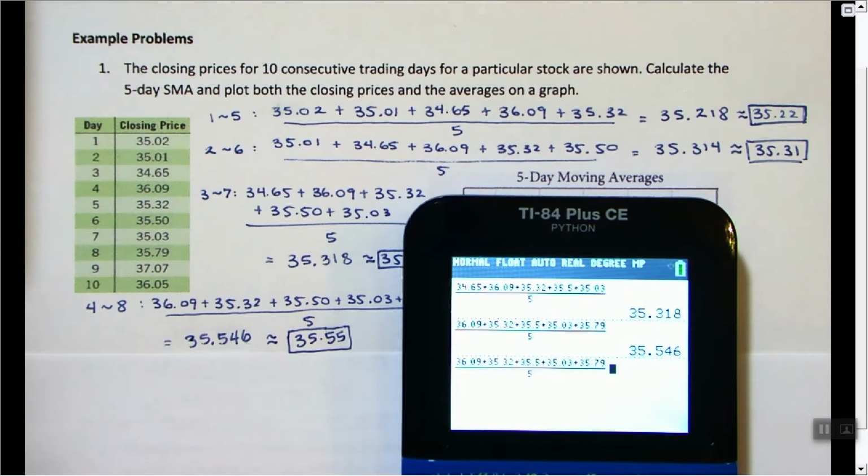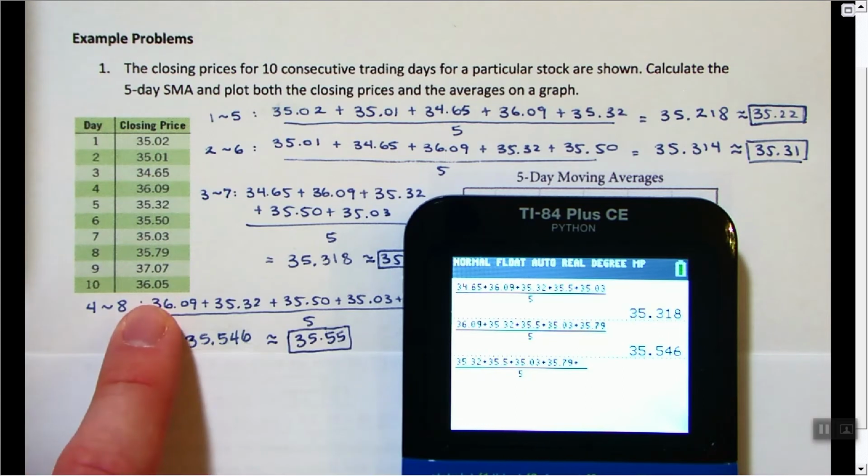And then for the last one, I will delete the fourth entry, and I'll add in here plus the last one, 36.05.